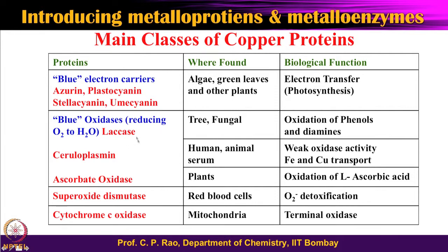And then we also have another class of enzymes called blue oxidases. These blue oxidases contain one of these blue electron transfer proteins plus some oxidizing center as well. So these are like laccase, ceruloplasmin, ascorbate oxidase, etc. These are found in fungi, animals, humans, plants, all kinds of things.